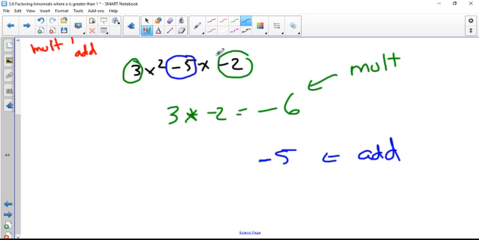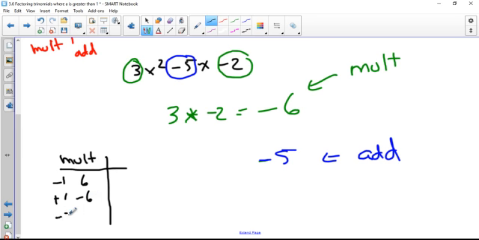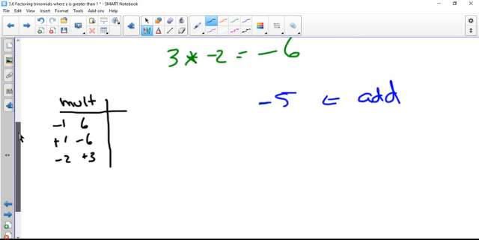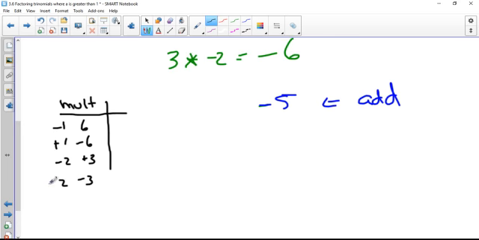So again, we can create our table. I think everyone's comfortable with the table, so we're going to stick with that one. In order to multiply to minus 6, we've got minus 1 and 6, plus 1 and minus 6, minus 2 and plus 3, or 2 and minus 3.